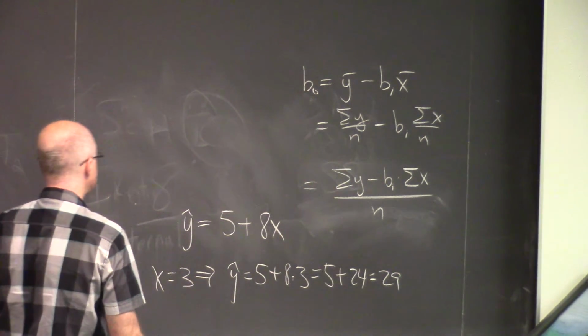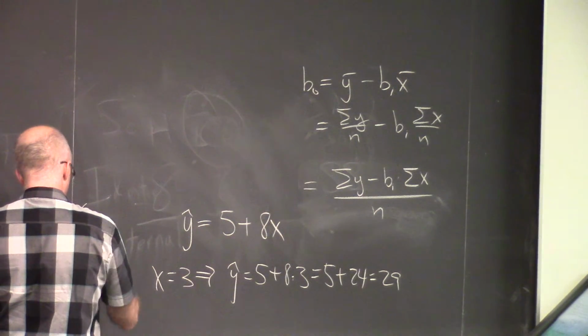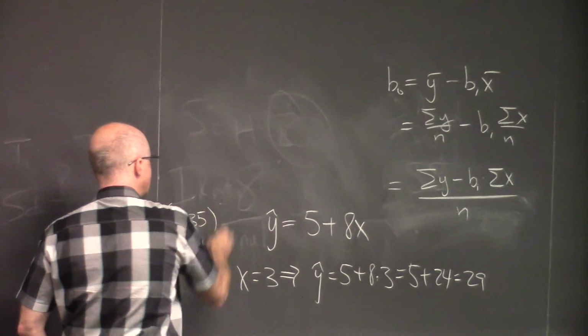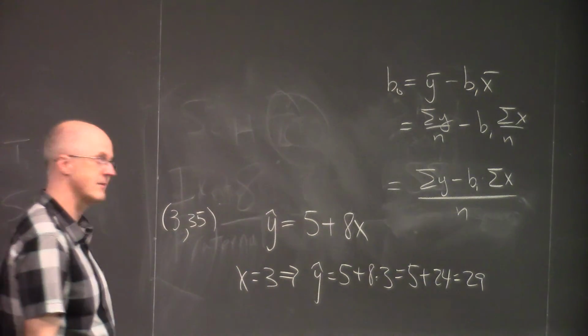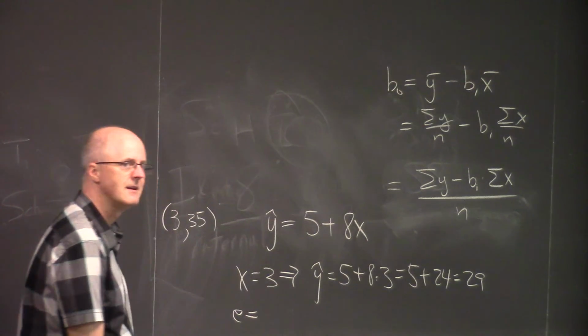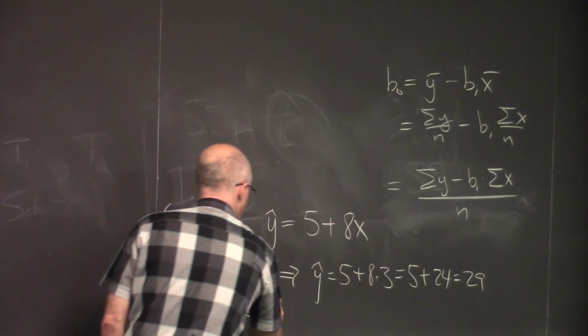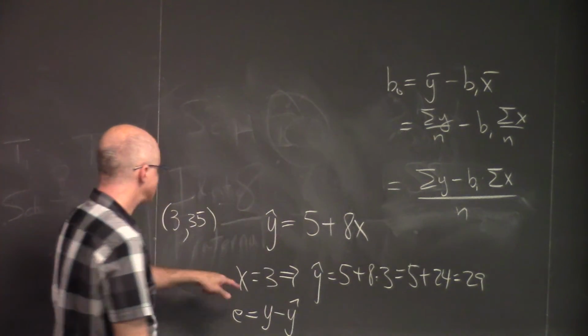If I also told you a data point for this was, say, (3, 35), you should also be able to find the residual, the prediction error. I called that e last time. That's not the number e. It's the data value for y minus the predicted value for that same value of x.